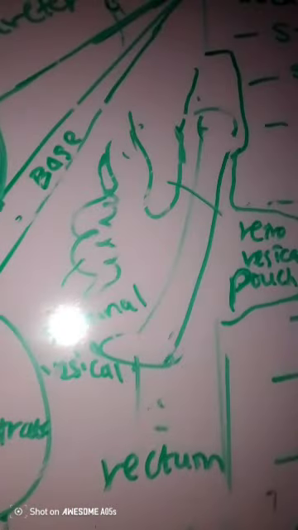And then it is also related to the rectum, which is also found in both males and females. So in females, the uterus is superior, so it makes angulation before it continues as your vagina, and you have your cervix too. So the base of the bladder in females is related to the vagina and cervix.